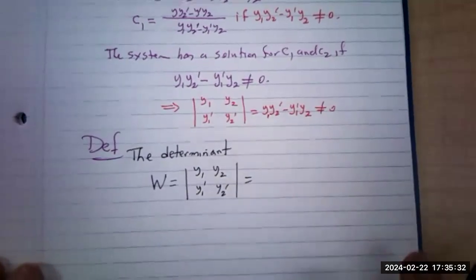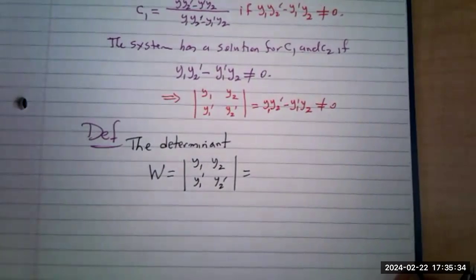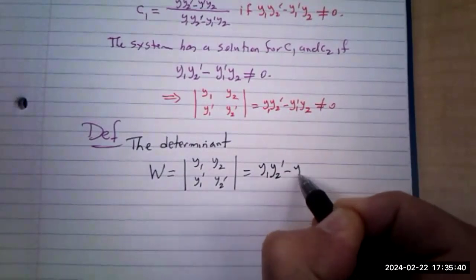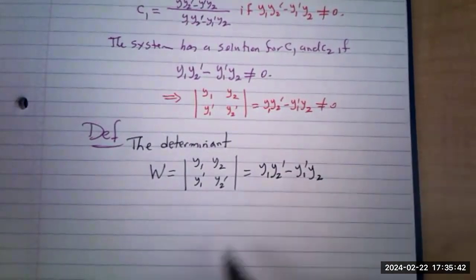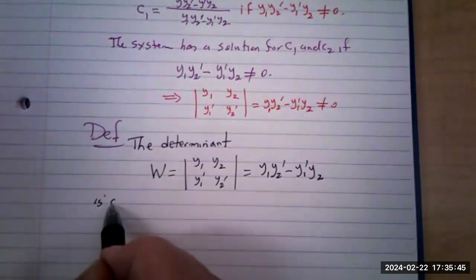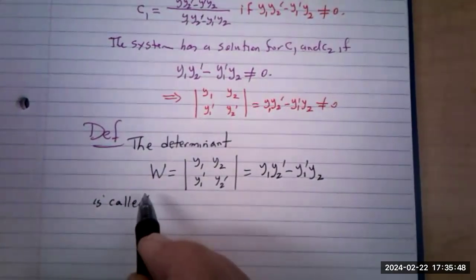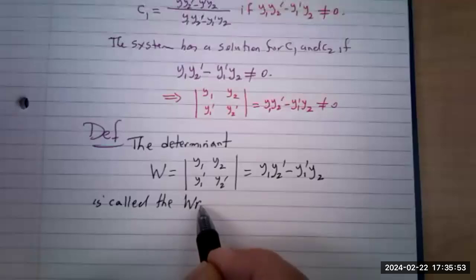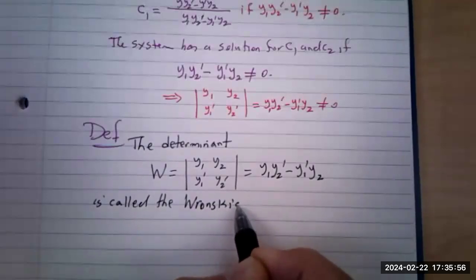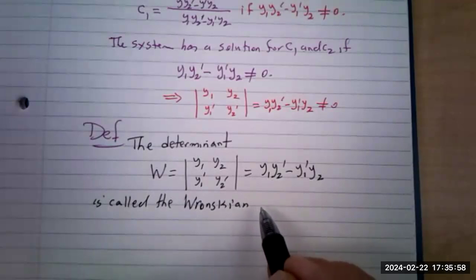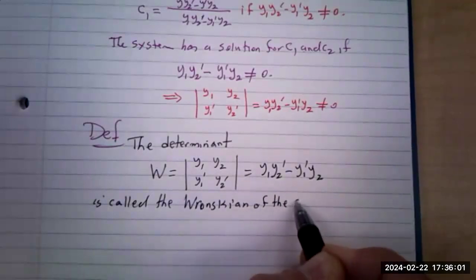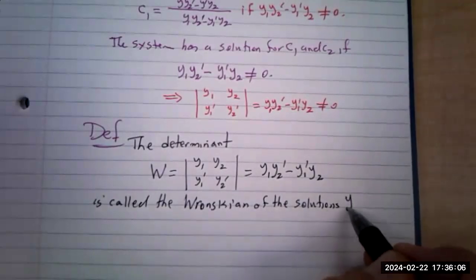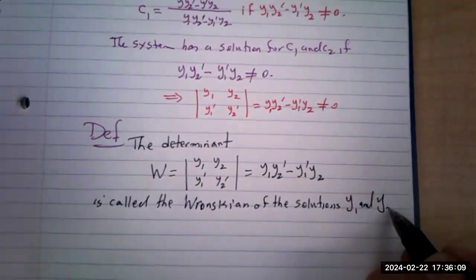It can be done for higher order too. This is going to be called the Wronskian, the name Wronski. It's the name of a mathematician. The Wronskian of the solutions y1 and y2.